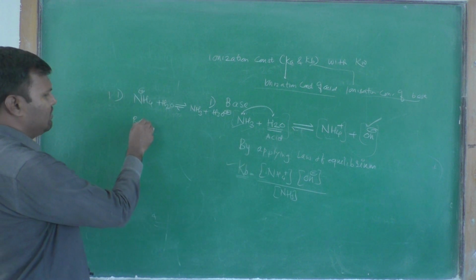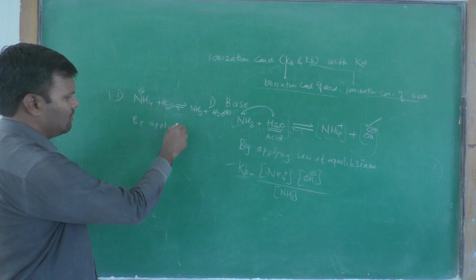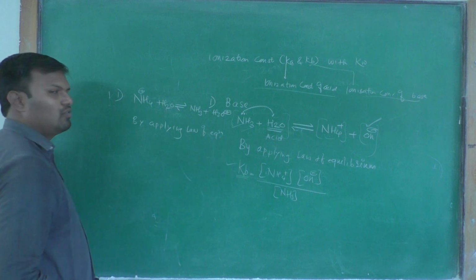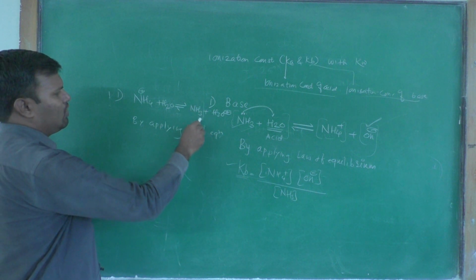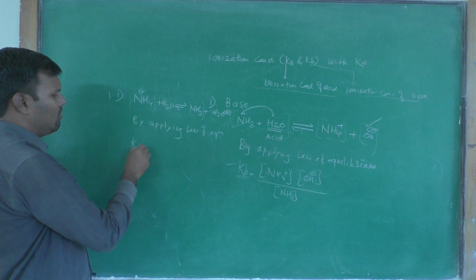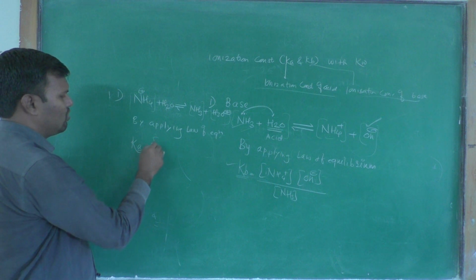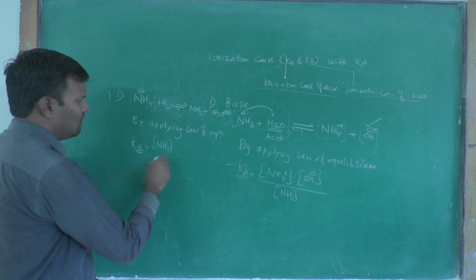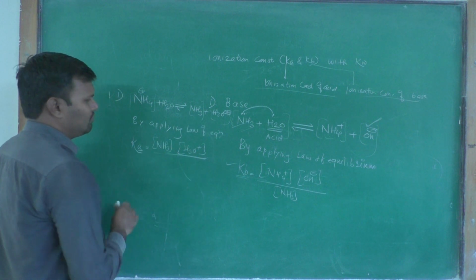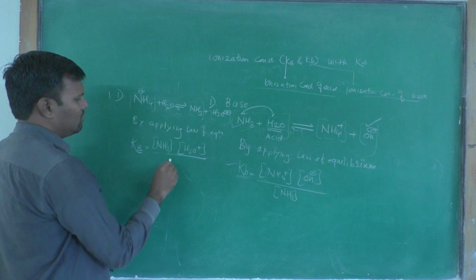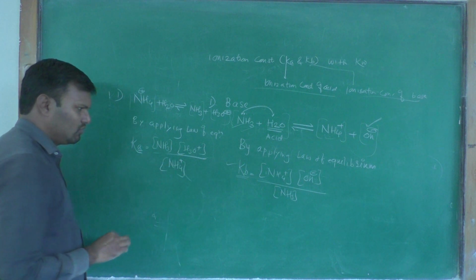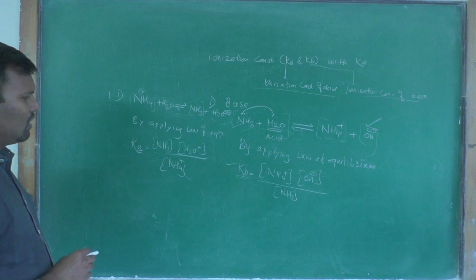Thereby applying the law of equilibrium, which is the ionic concentration upon the electrolyte concentration, Ka, which stands for the acid, is equal to the concentration of NH3 into the concentration of H3O plus upon the concentration of NH4 plus.